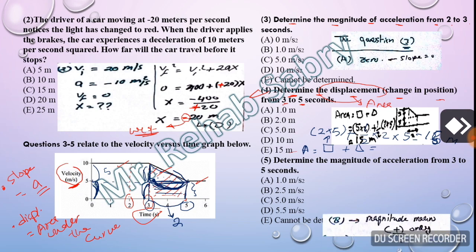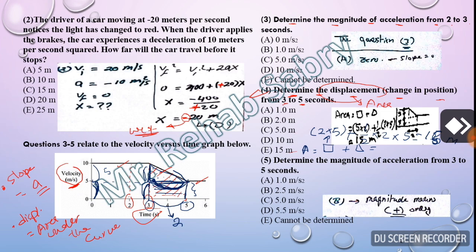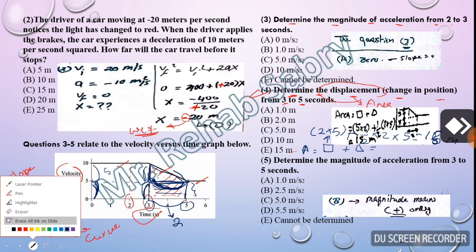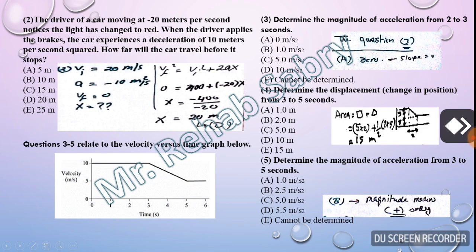Well, let's see the next one. Determine the magnitude of acceleration from 3 to 5 seconds. What is the acceleration? The acceleration is the slope, and the slope is rise over run. This is the run, and this is the rise.